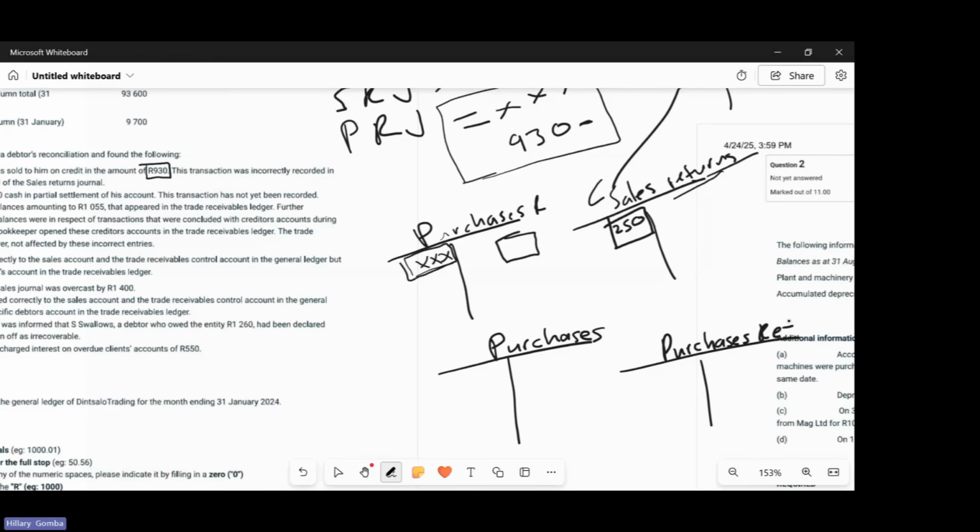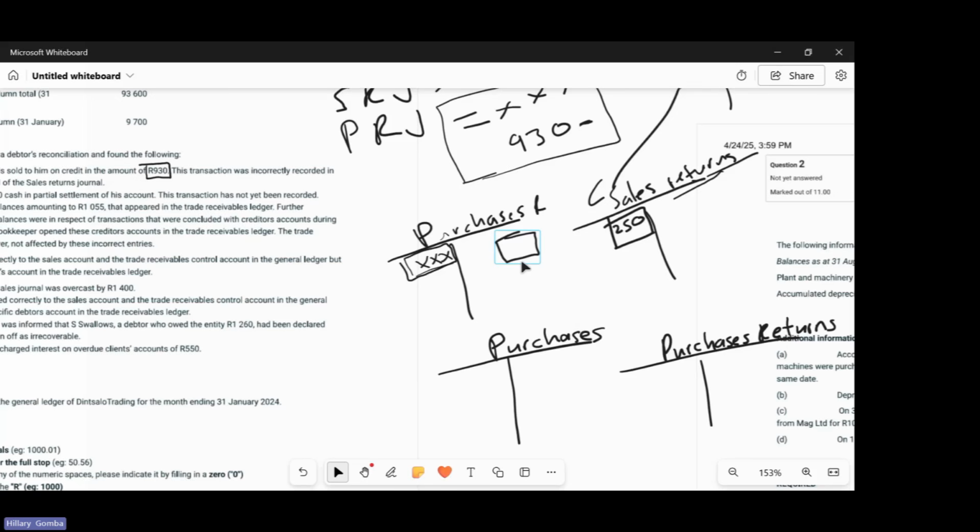So if we were to buy goods on credit, which side of the purchases do we record those goods? Who wants to take a guess? We bought goods on credit.